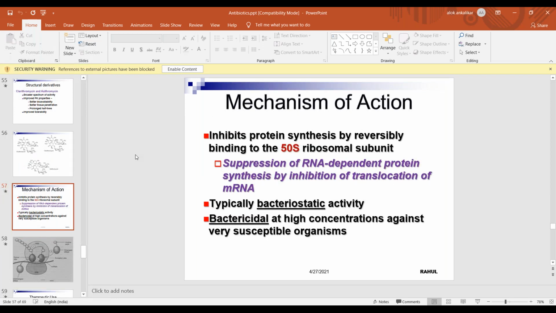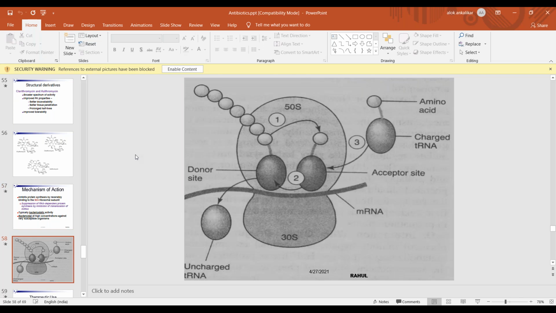If you see this structure, there is a much better in-depth insight into the 30S and 50S ribosomal subunits. Erythromycin or clarithromycin binds to the 23S portion of the 50S subunit. This is how the ribosomal unit looks, divided into two parts: the 30S ribosomal subunit and the 50S ribosomal subunit.